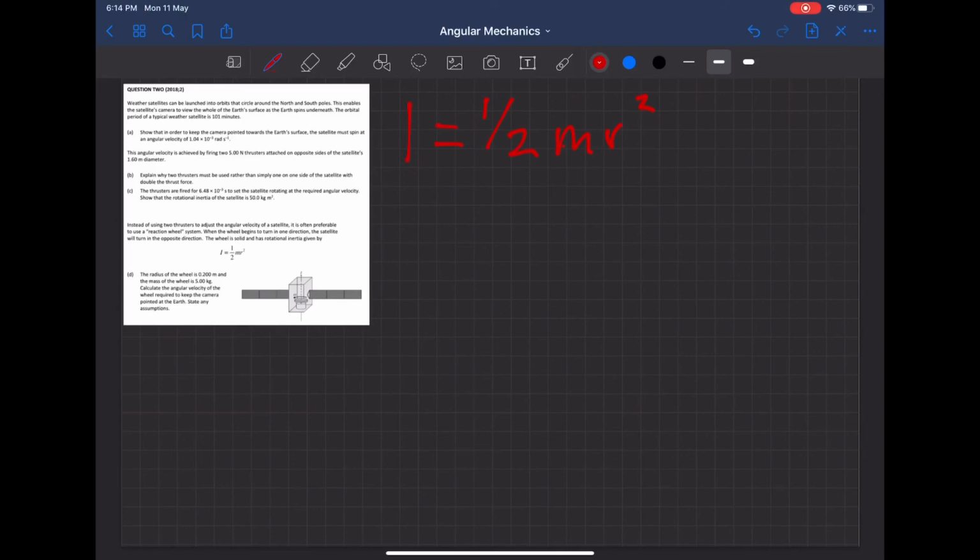Okay, and we can put in the information that we have, which equals 1 over 2 times our mass, 5.00 kilograms, times our radius squared, which is 0.200 squared.